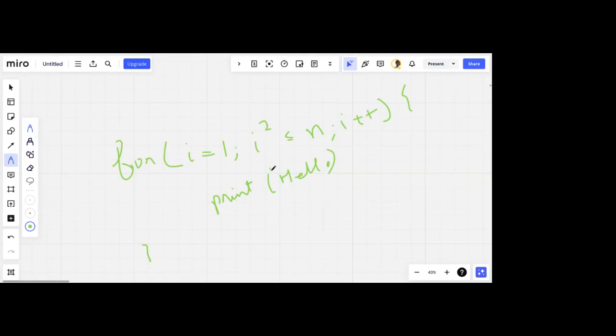So you have to tell me what is the time complexity of this function. Come on, guys. How many times will this be printed? What is the time complexity of this function? Come on. Think about it. You can answer this.